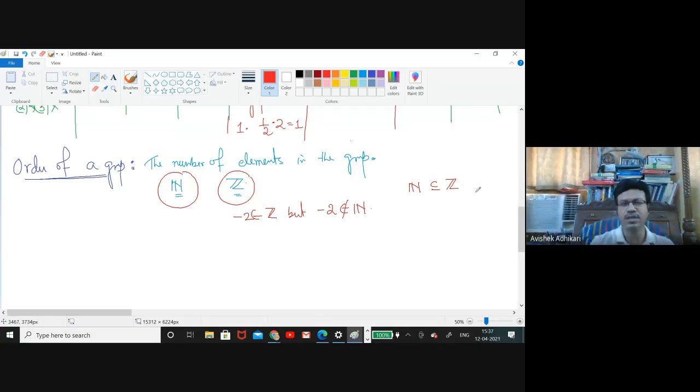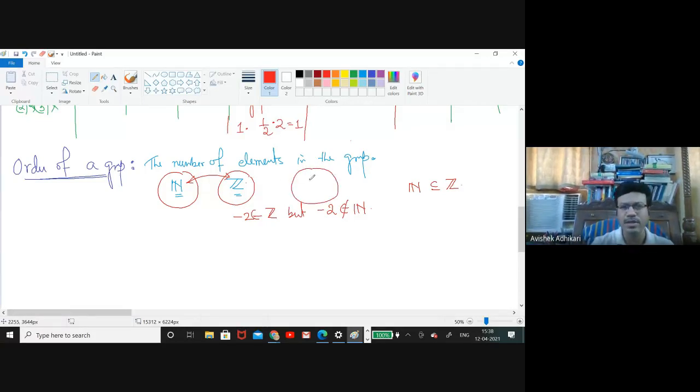Now there is an important term in mathematics which is known as cardinality. Cardinality of a set. That means if you have two infinite sets, how do you compare how many elements are there in that group or in that set?